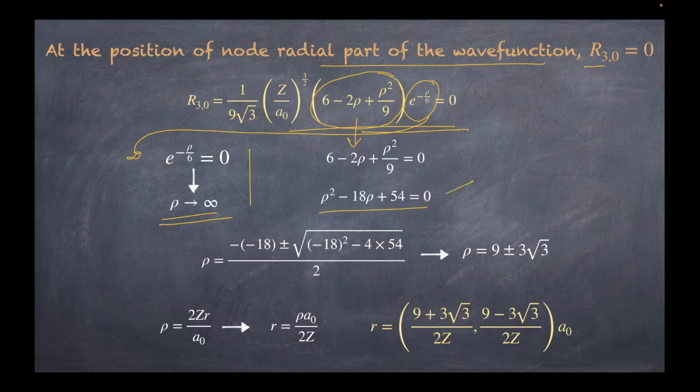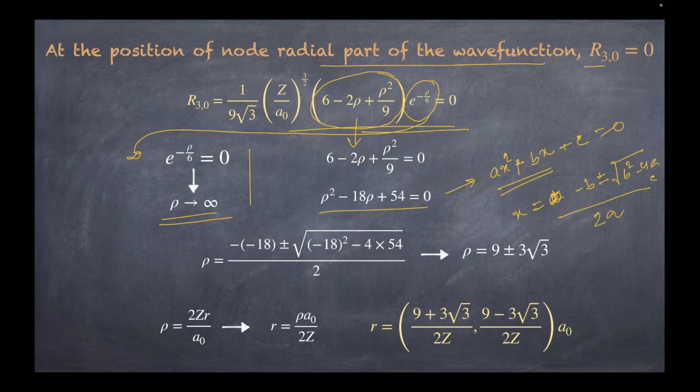Now we can compare this with this type of expression, ax square plus bx plus c equal to 0, where a, b, c are the coefficients and x is the variable. We can solve this type of equation by using x equal to minus b plus minus root over of b square minus 4ac divided by 2a.